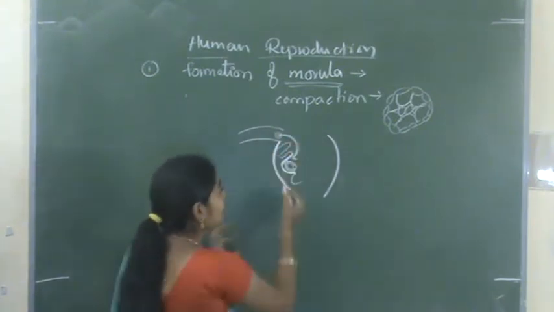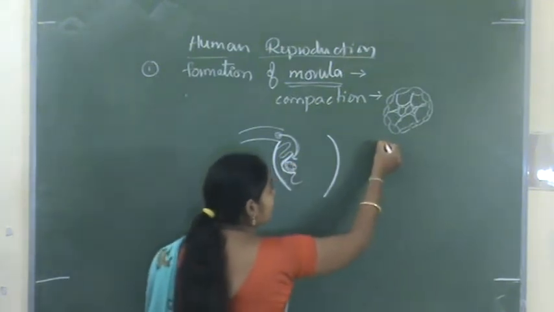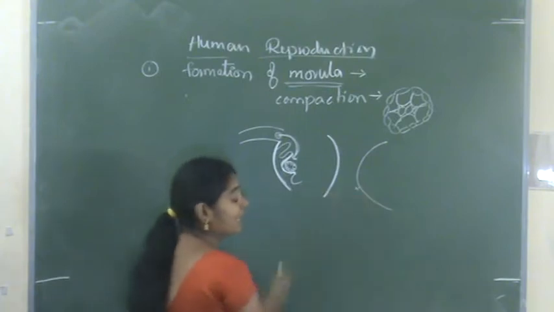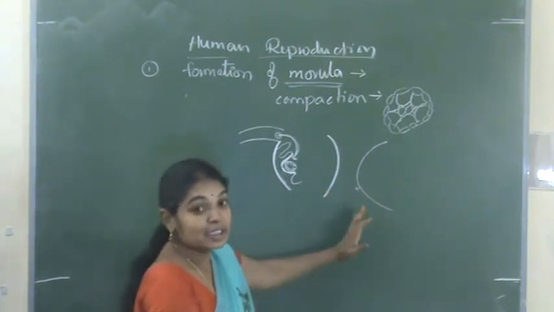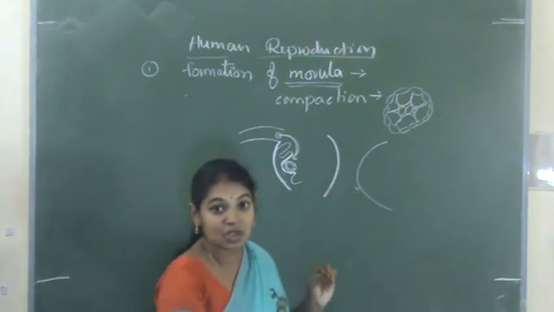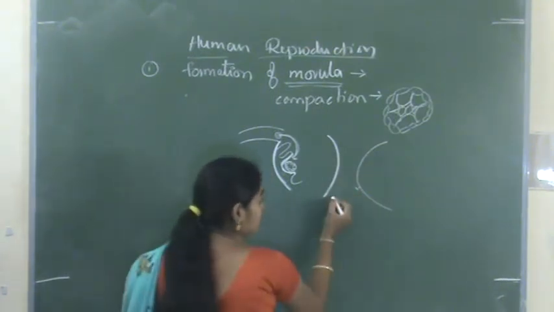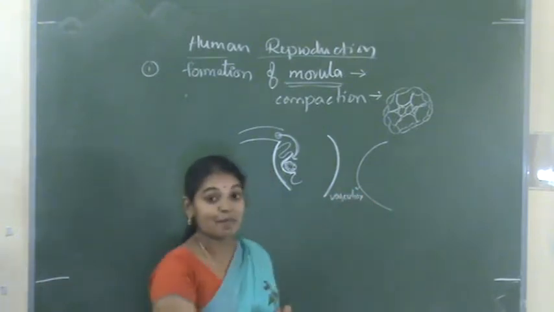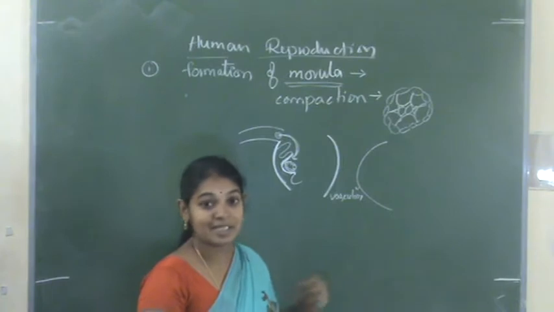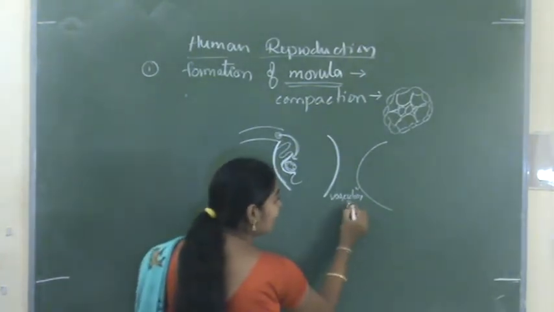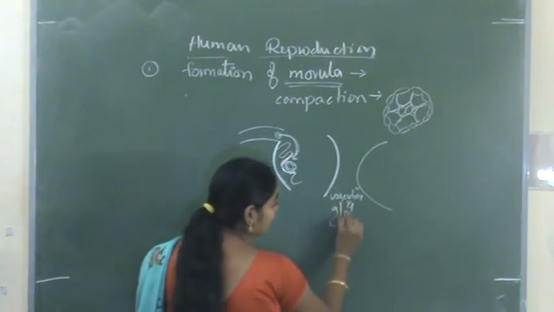Now we will take only this part. This is the endometrial lining, and we know that the endometrial lining is highly vascular and glandular. Highly vascular means it is supplied with a large number of blood vessels.